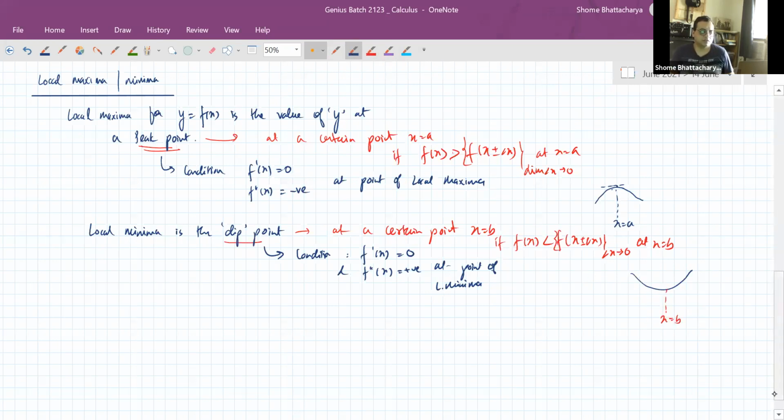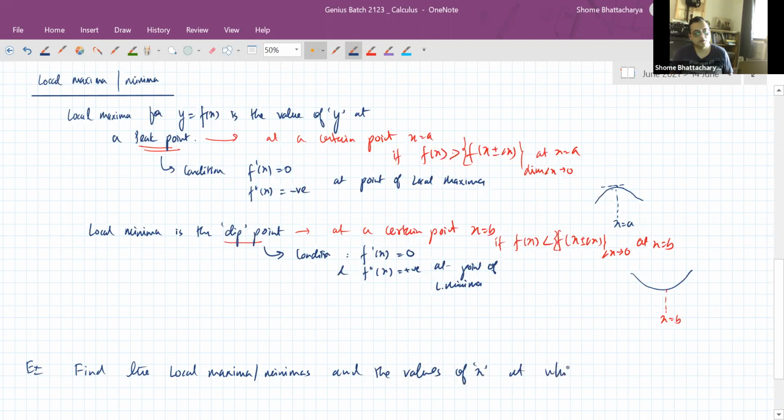Okay, so let's take a relook at these things with some examples. Find the local maximas or minimas and the values of x at which they occur for the following.